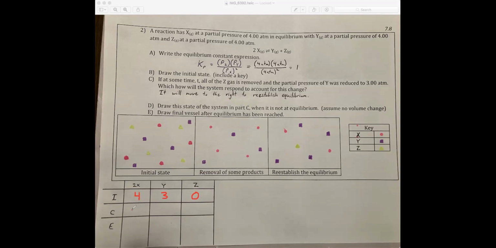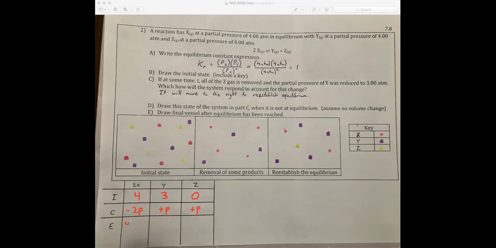So maybe I'll put minus, I don't know, P, instead of X, so we don't get confused with this X here. Actually, not just P, we're going to be losing 2P because of the coefficient. These have a coefficient of 1, so we're going to be gaining 1P here, and gaining 1P here. And then we're going to make the equilibrium expressions.